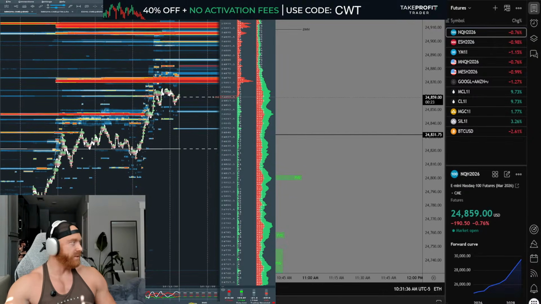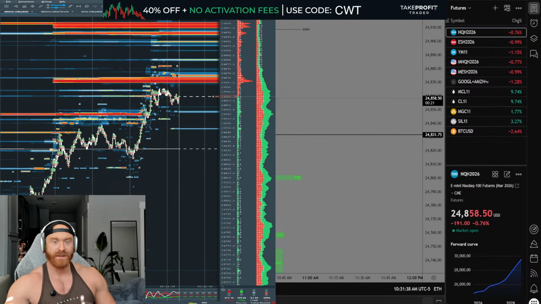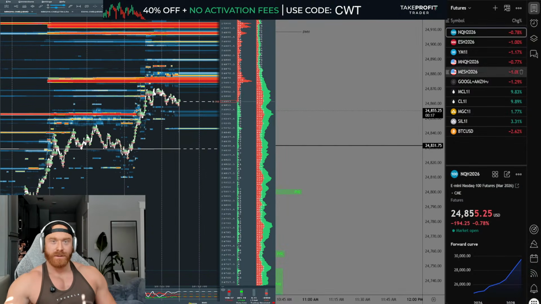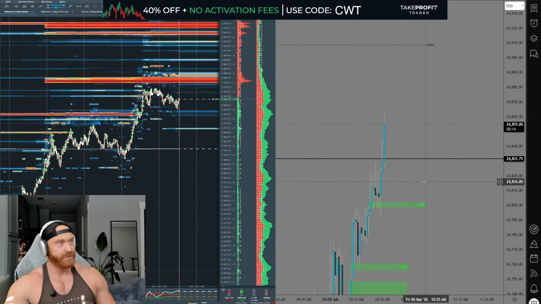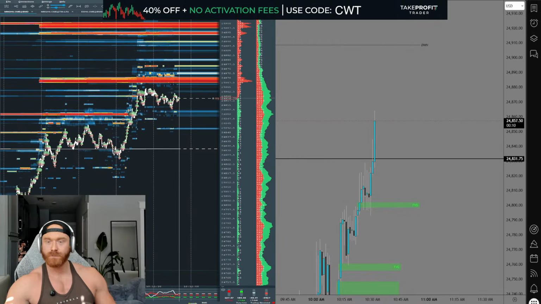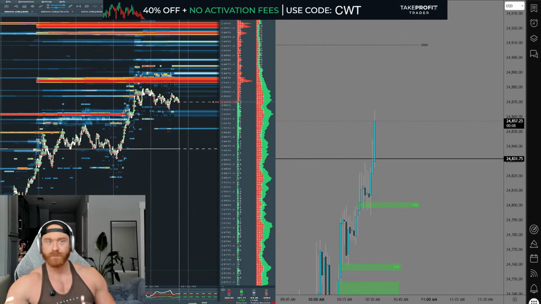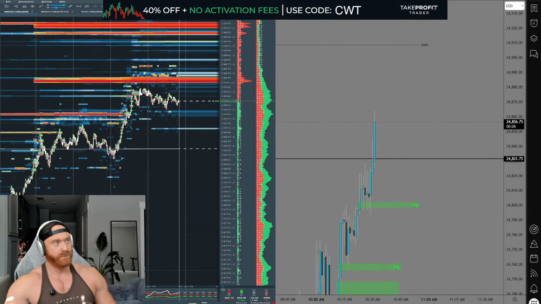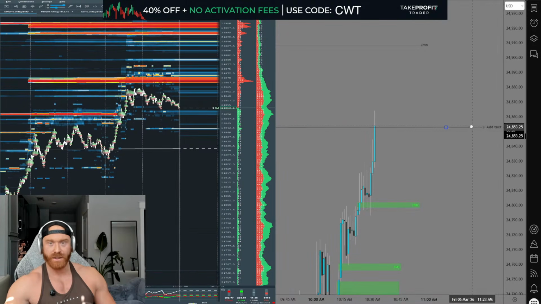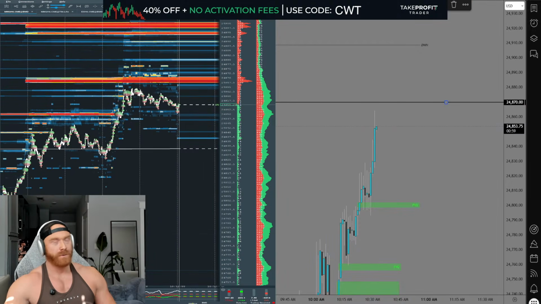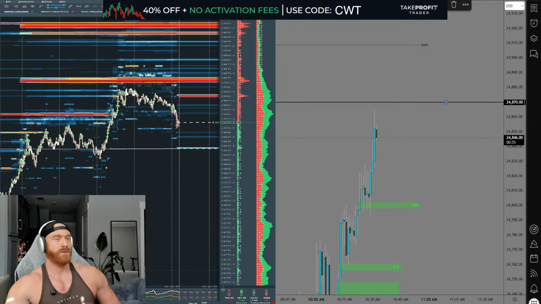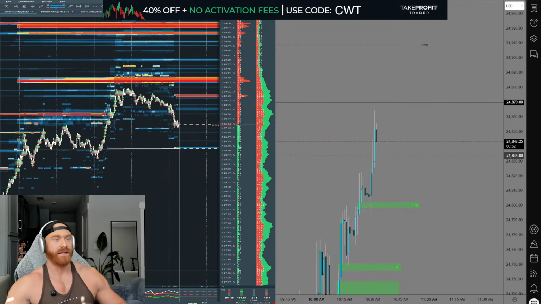All right, we're trading consistently above the VWAP here, so let's see if we can potentially take something. This 70 line swept this candle, this previous high here.